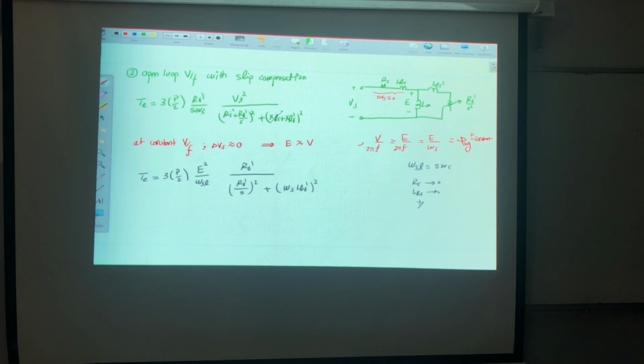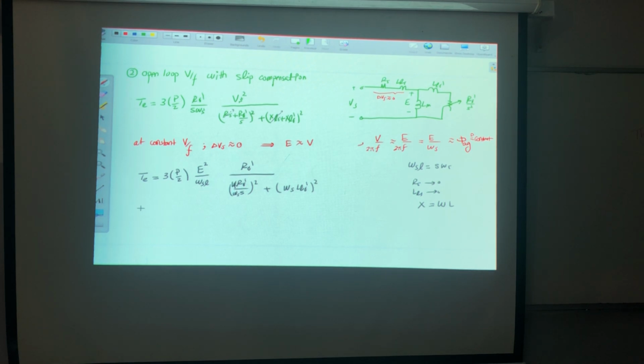You know that X is equal to omega L. So here also if I multiply by omega S, I can multiply here by omega S. So this will be omega slip. And this one here, I can get it out.